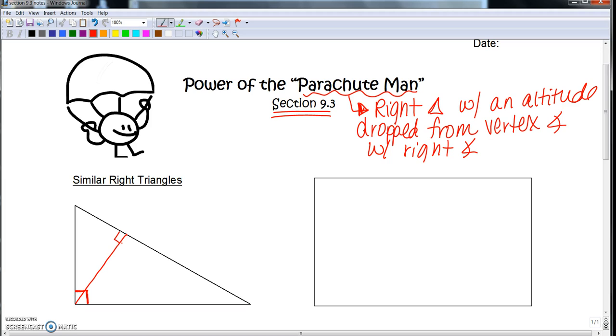Okay? Now, I wouldn't normally do this, but because I have limited time with this video, in a second I'm going to pause the video and fill in all of the variables so I don't waste time doing that. As soon as you see the variables pop up, I want you to pause the video and copy them down, as well as copy the triangles that I'm going to put in this box here, okay?